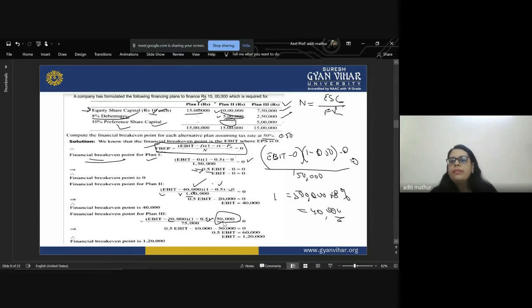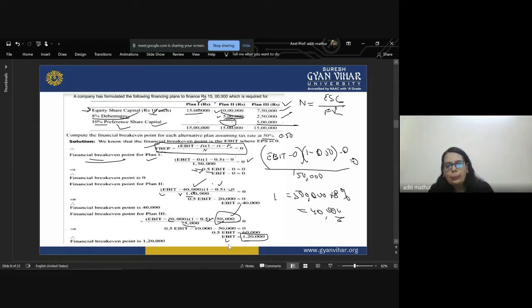So now we have the preference dividend amount, that is 5 lakhs at 10%, that is 50,000. When we divide it by the number of equity shares, that is 75,000, and cross multiply and solve the equation, we come up with EBIT equal to 1,20,000.